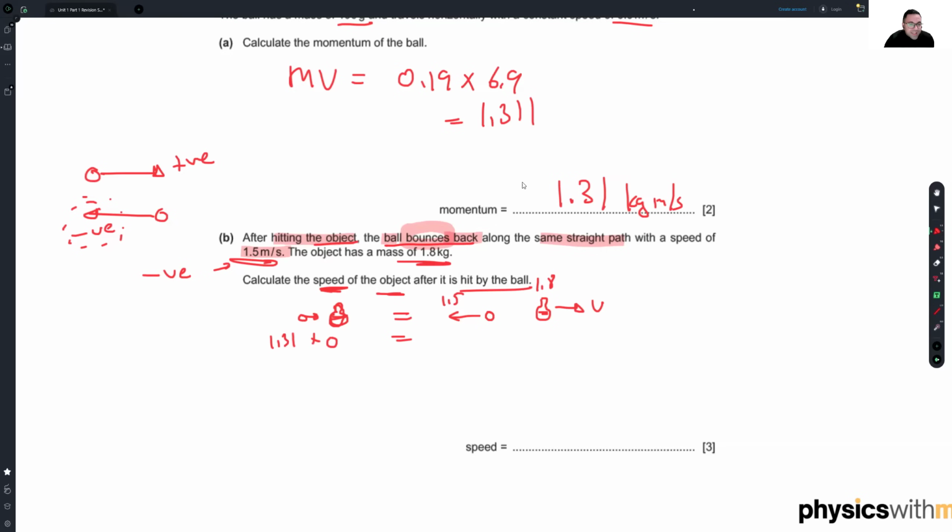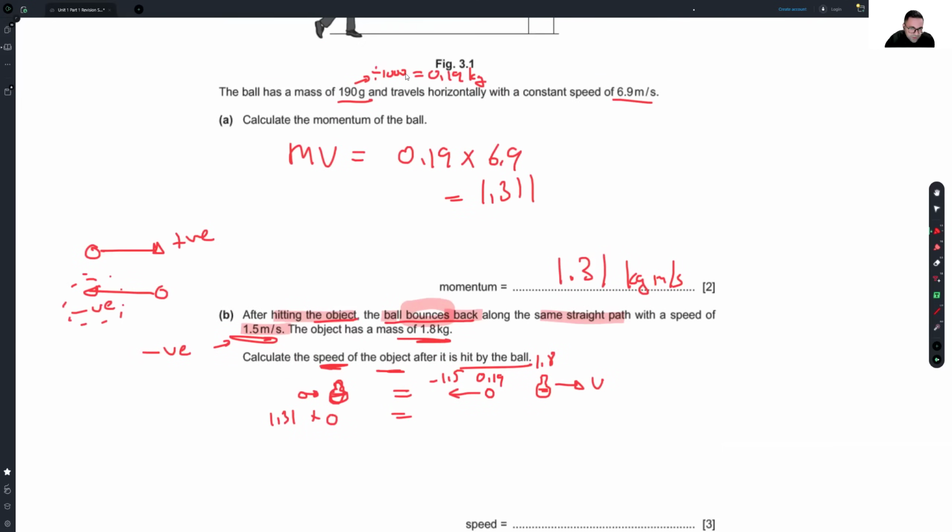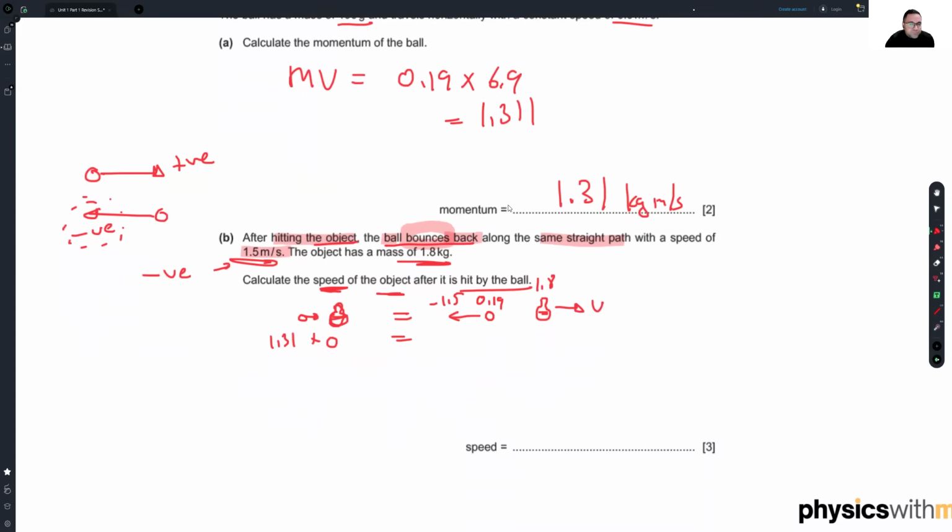So again, we calculate the new momentums. Remember, this has a mass of 0.19 kilograms. So it's mass times velocity plus mass times velocity. 1.31, because that's the momentum before the collision, equals 0.19 times negative 1.5. This is vital.